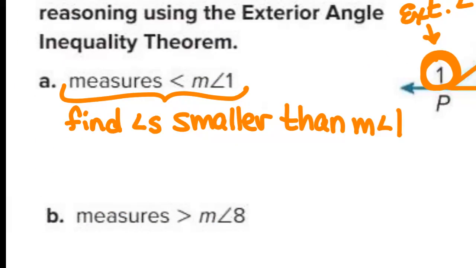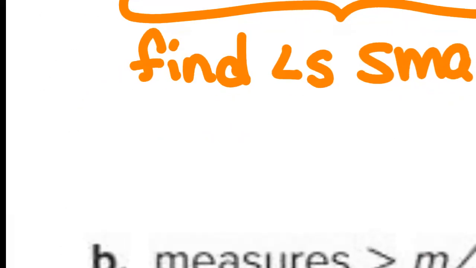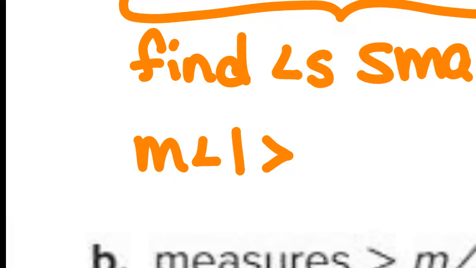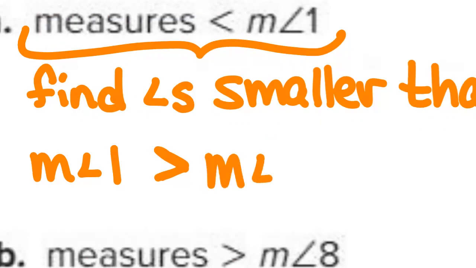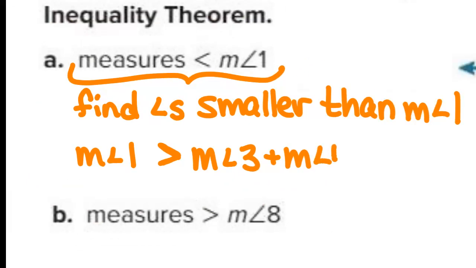So we just said that our exterior angle is bigger than either one of those remote interior angles. So the measurement of angle 1 is greater than this remote interior angle up here. That's angles 3 and 4 put together, right? So it's bigger than the measurement of angle 3 plus the measurement of angle 4.